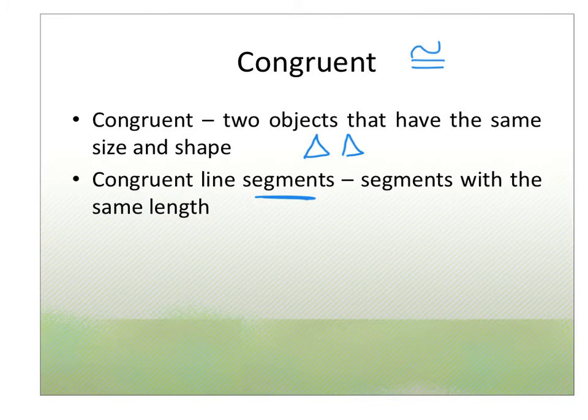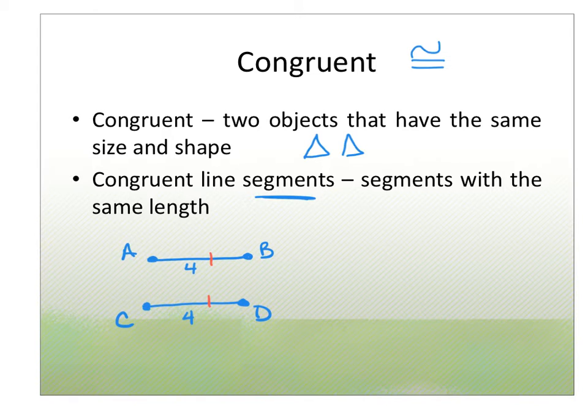When I'm talking about line segments, I would have 2 segments, and this could be segment AB, this could be CD, and they're either going to be labeled with numbers. So I could say this has a length of 4, or they may have little congruency marks, these little tick marks.